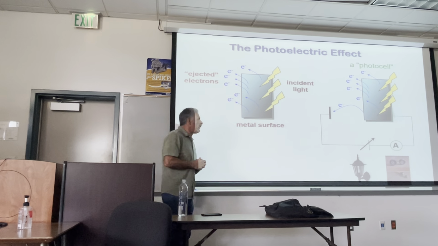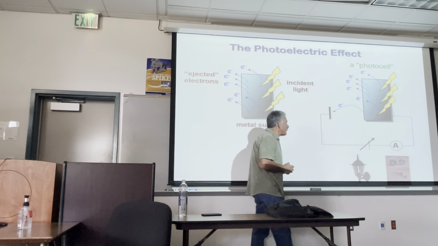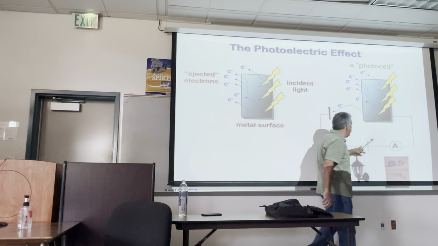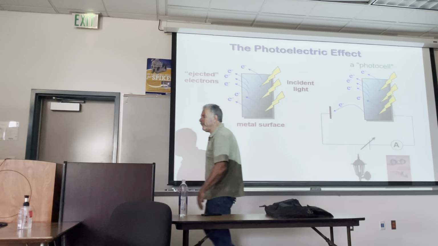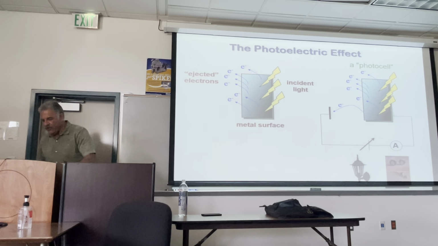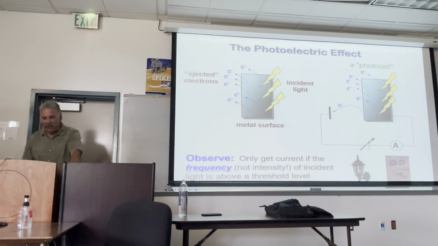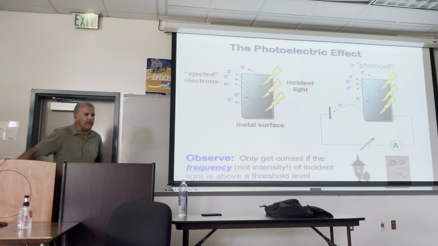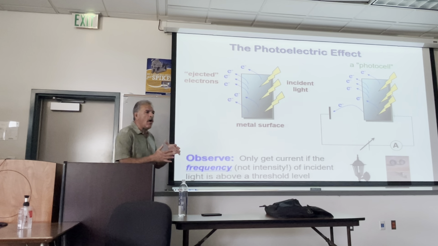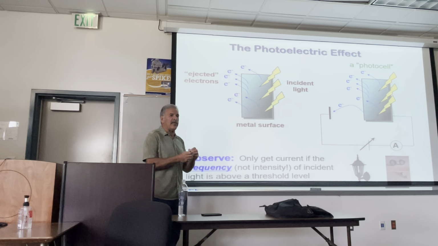You have a metal surface, you shine light on it, it ejects electrons, and you create a circuit with a switch. That's another class too. It's just exposure right now. We observe that we only get current if the frequency of incident light is above a threshold level. Remember, with all our experiences with electrons, they go from one energy level to another.